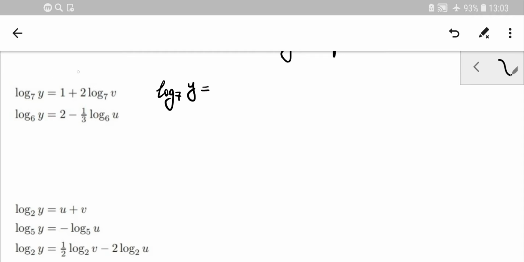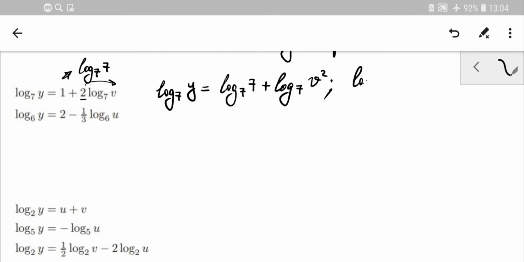So instead of 1, I can write log with the base 7 of 7, because 7 raised to the power 1 is 7, so the result of this logarithm is 1. Then I lift up the power 2 according to the properties, and I'll get log 7 of v squared. And then I just rewrite as the following.